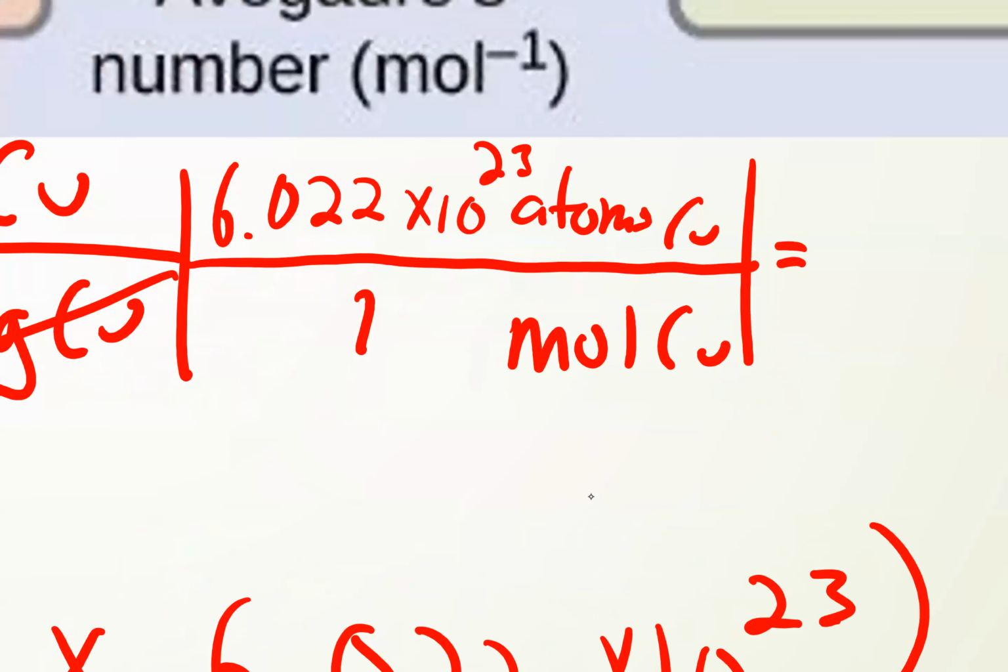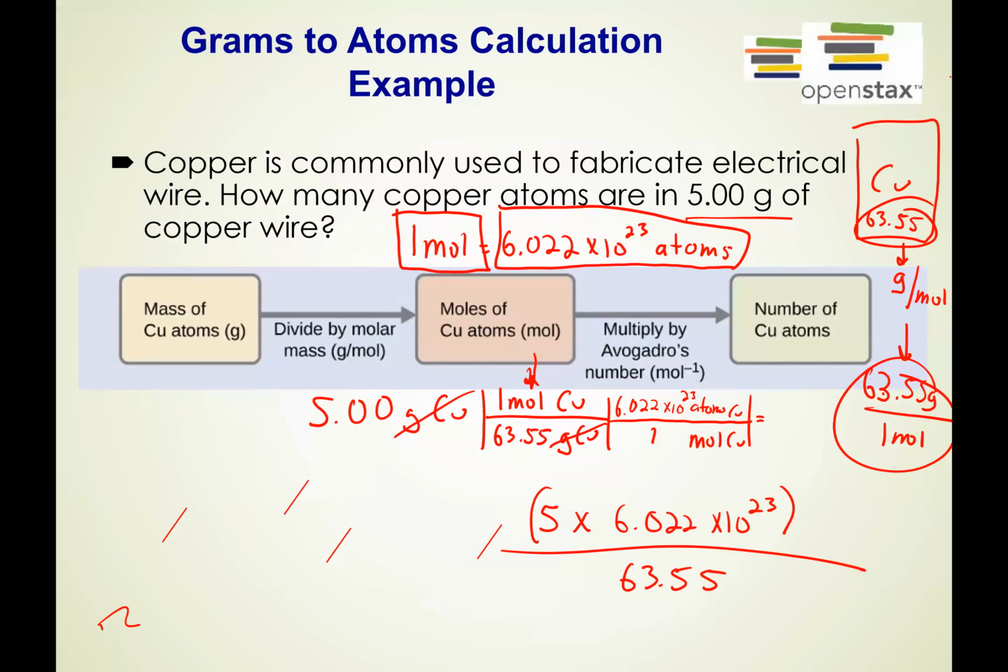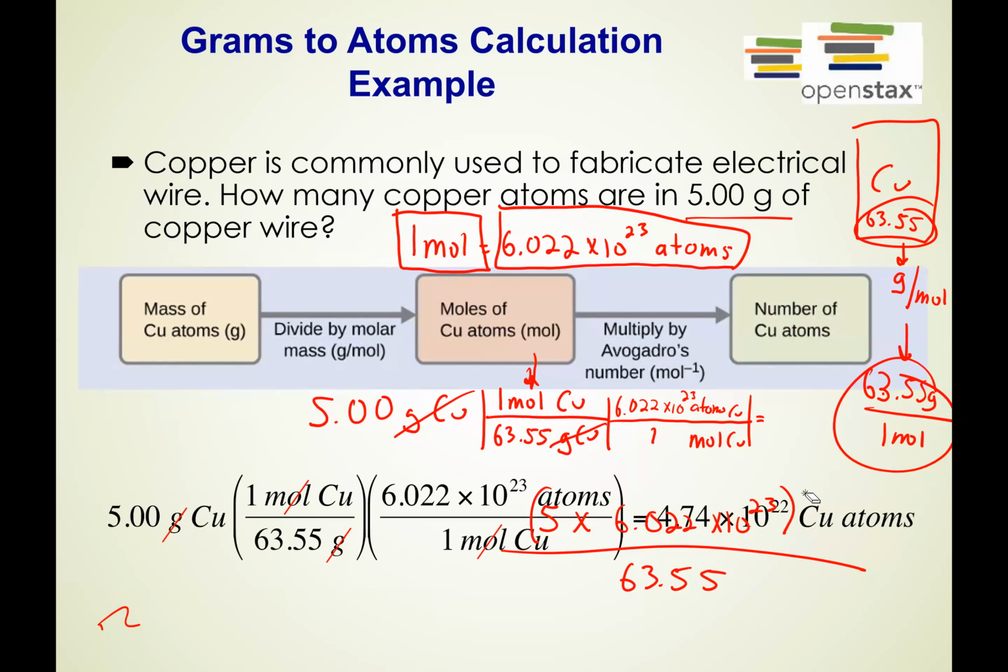Let's just see when it stops freaking out. See if I can fix this. So when we put this in our calculator, we get, here it is nicer. So we end up with 4.74 times 10 to the 22 copper atoms.